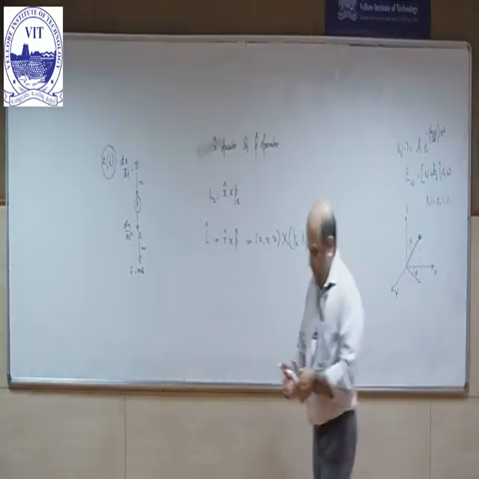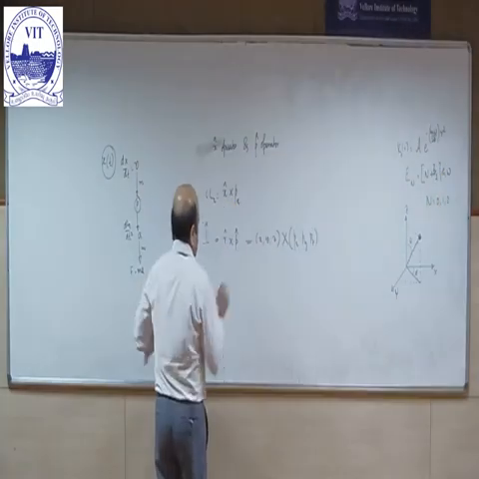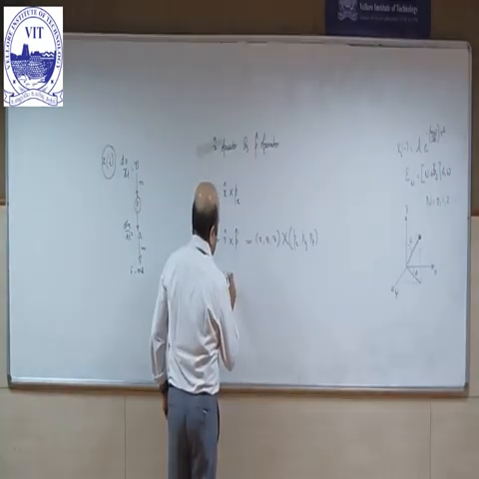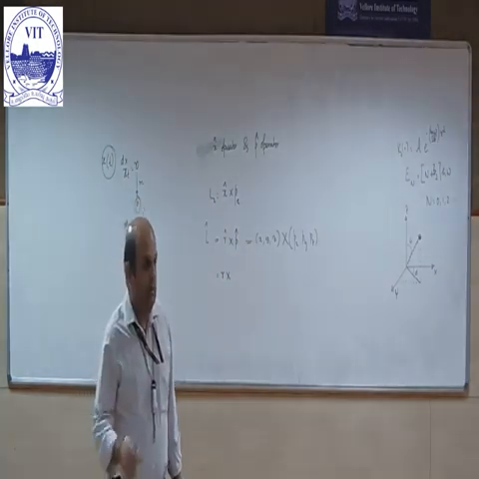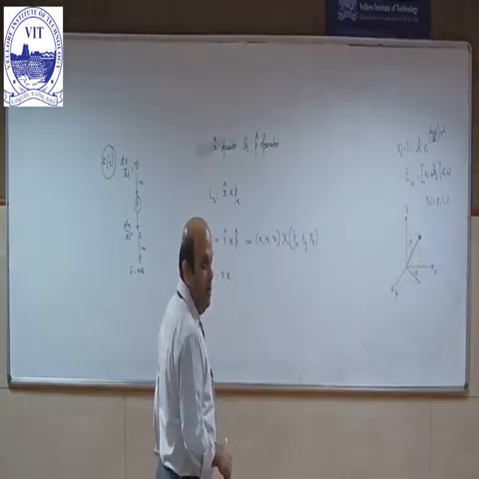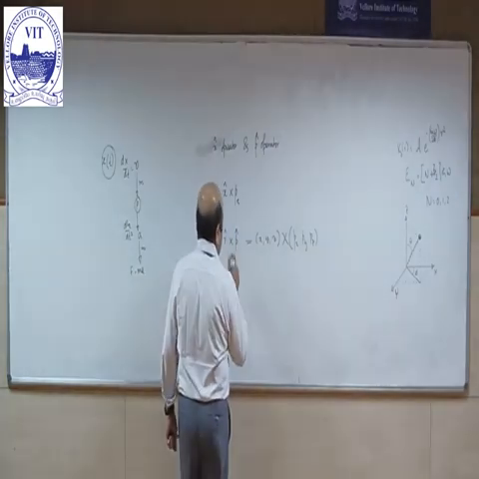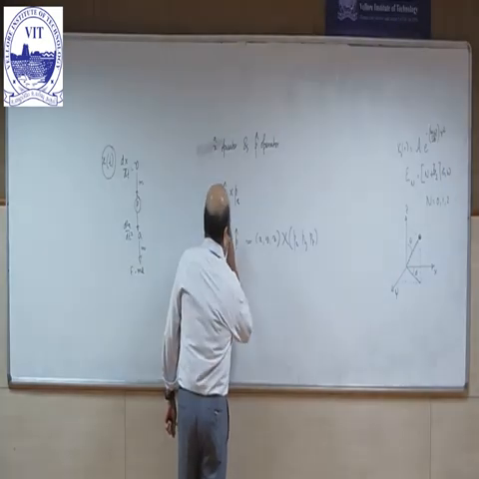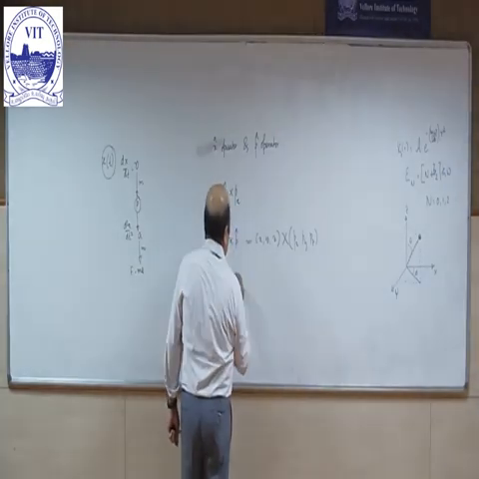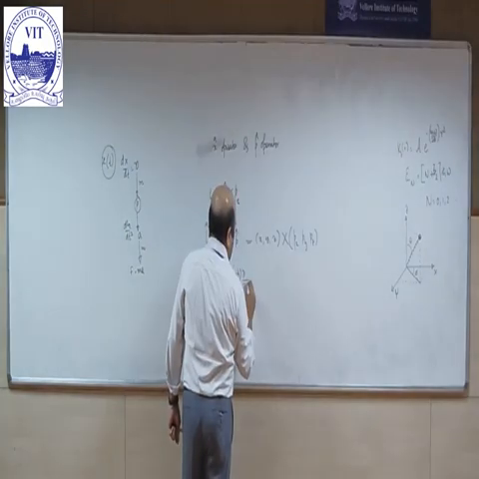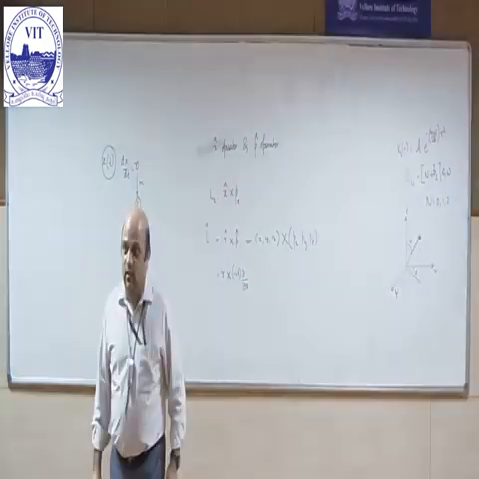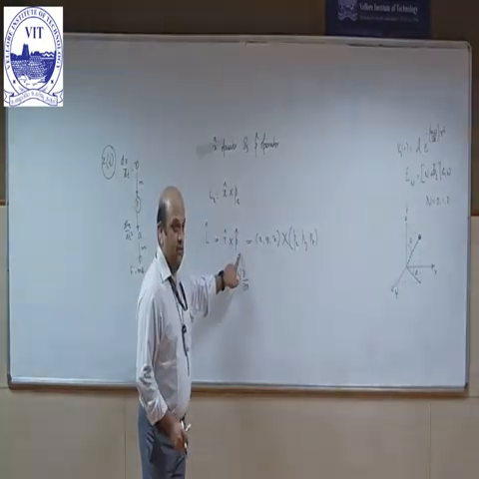Just try out this one. R cross, what is P? The P operator is the first derivative with respect to whatever coordinates you have. So in general, in three dimensions, I can write this as minus i h-bar times del by del r, the first derivative with respect to this position coordinate.